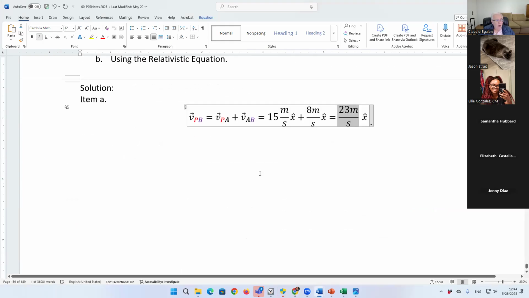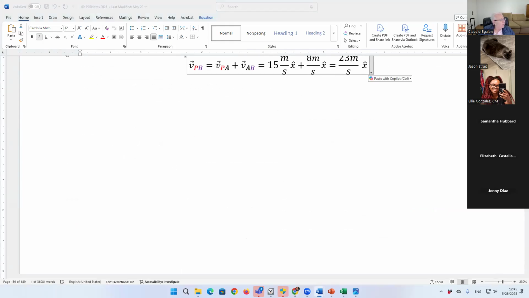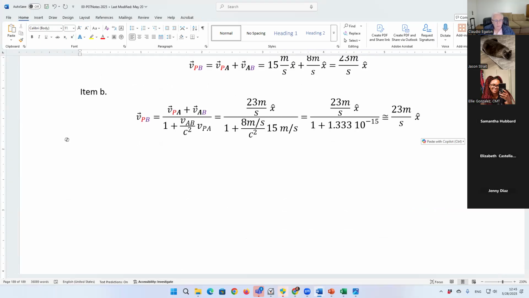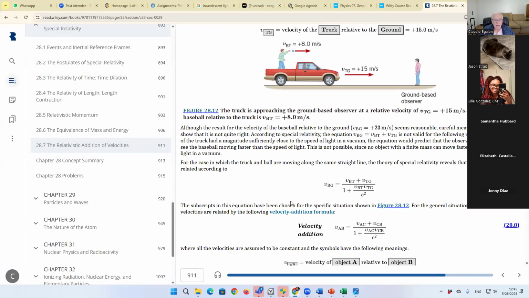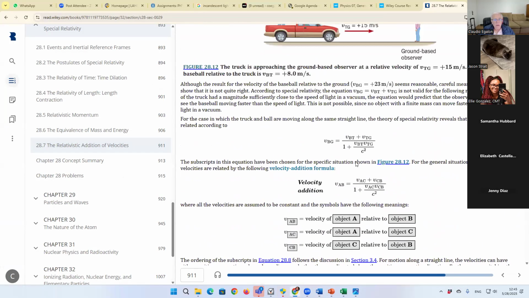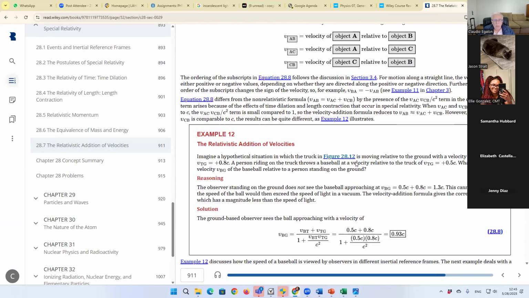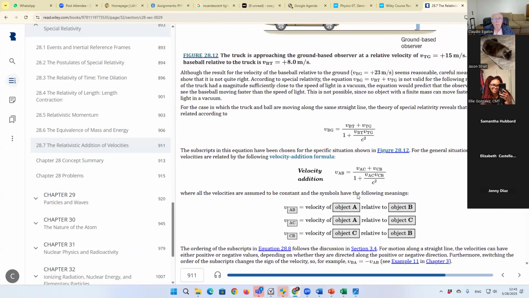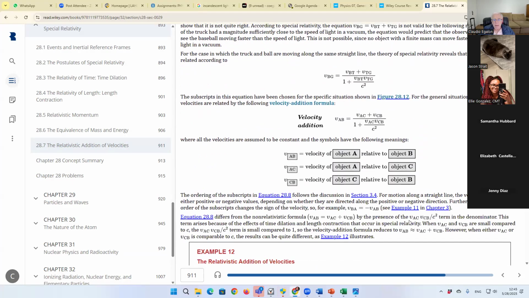Repeating that using the formulas of relativity, because we are dealing with very small speeds. Let's see if he did that. No, he didn't do it. I am doing it. He's just mentioning it.